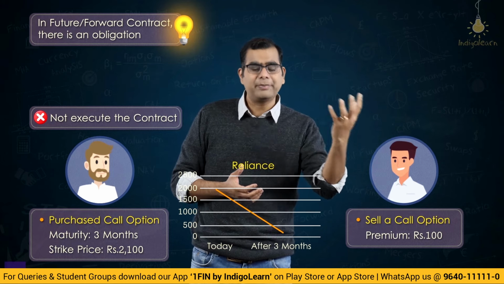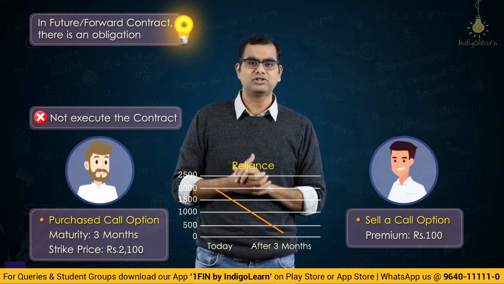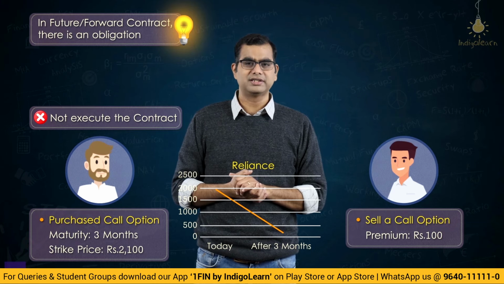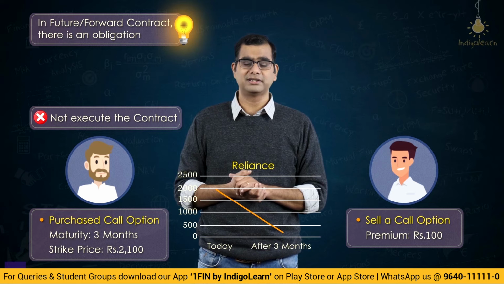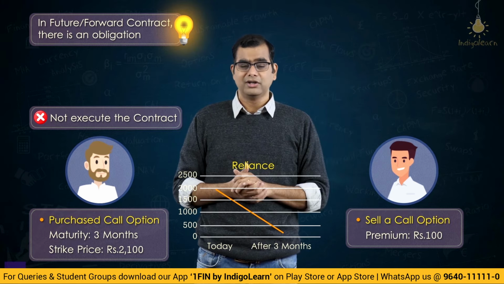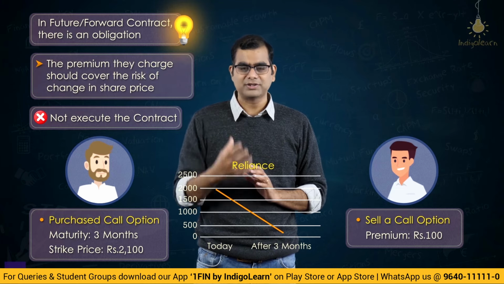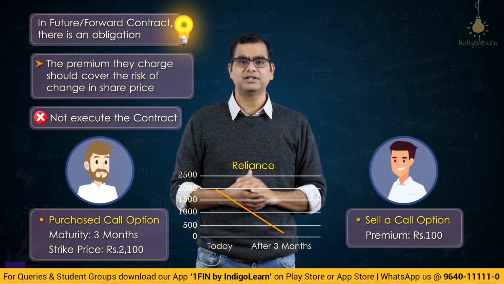So, when they enter into contracts, what will they do? They will also think it through, so there is a risk. When I am agreeing to enter into this contract, there is a risk that if the price goes up, I may lose money. So, the premium that I charge should cover for that risk. The premium of 100 rupees, what we were discussing, that should cover for the risk.